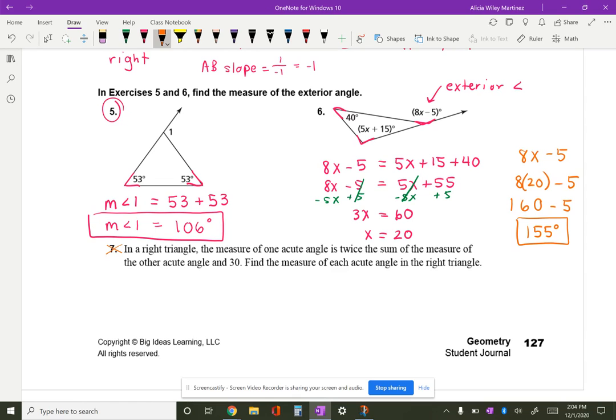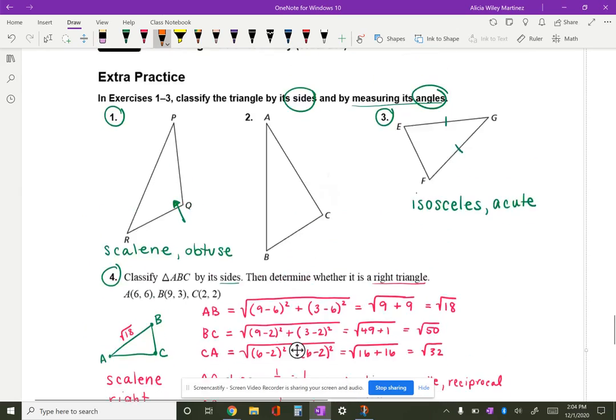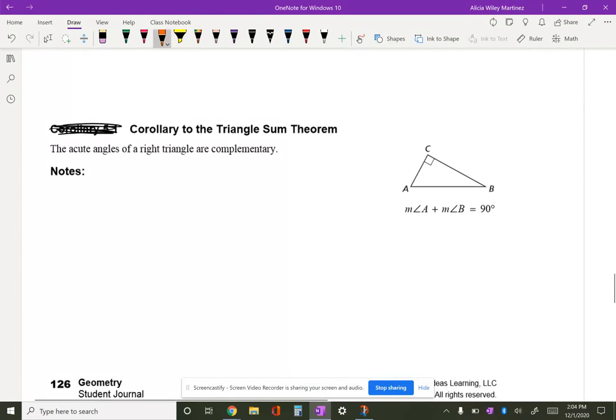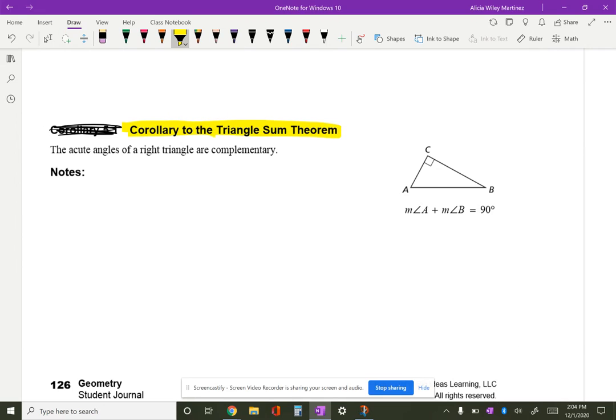We are not going to do number 7, but I am going to mention one more thing before I let you guys go. It's the corollary to the triangle sum theorem. And a corollary is just something that we know based off of another theorem. So because we know that the triangle sum is that all angles in a triangle add up to 180, right?